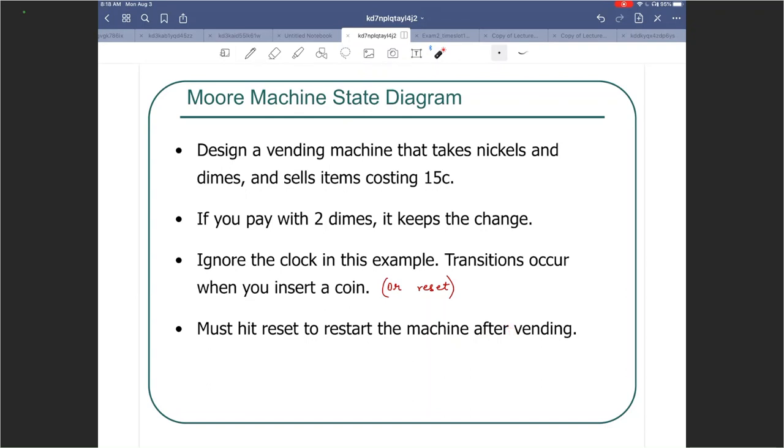So we are looking at this example in terms of the Moore machine, and we will also take a look at this with respect to a Mealy machine. So you can design either finite state machine depending on the designer's choice. So that's a designer's choice to pick which one he or she wants.